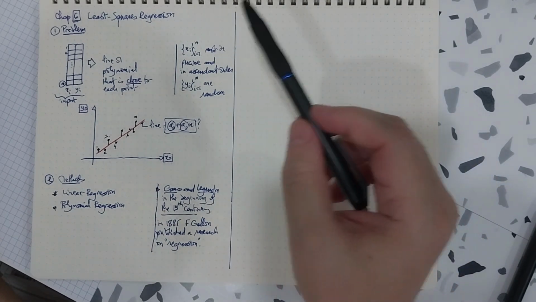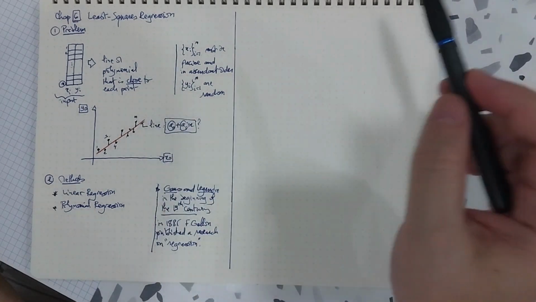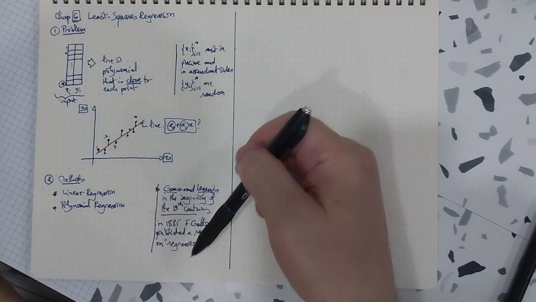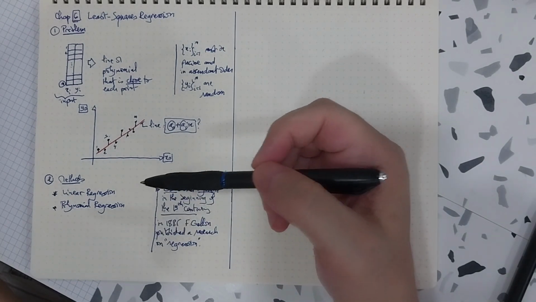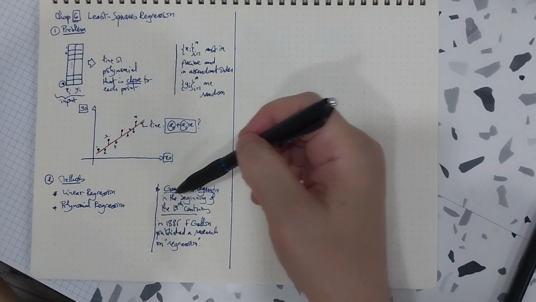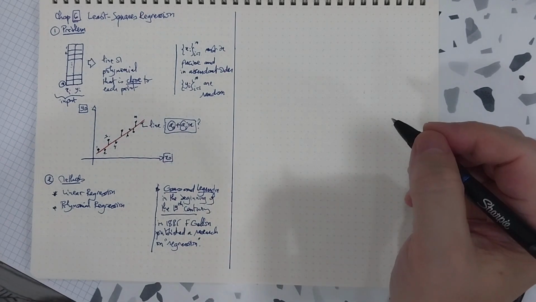You call it regression towards the mean. So albeit it is named by Galton, the mathematics behind least squares regression is due to Gauss and Legendre. That's it for the contents.